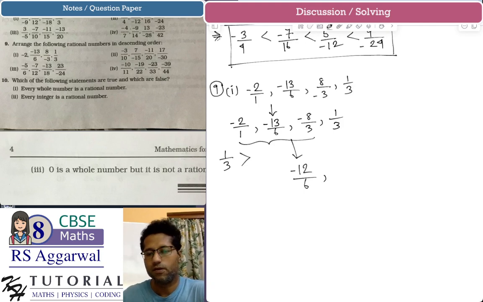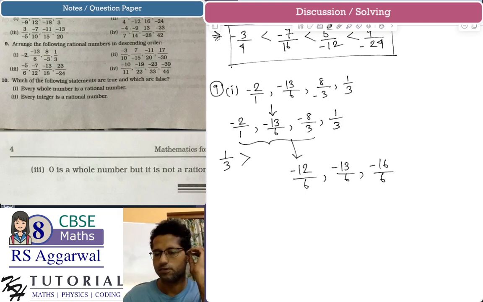Minus 13 by 6, we multiply both the numerator and the denominator by nothing, because the denominator is already 6. Minus 8 by 3, we multiply both the numerator and the denominator by 2, so it becomes minus 16 by 6. Now these 3 rational numbers have the same denominator 6. We compare them based on their numerators in descending order, that is from largest to smallest.